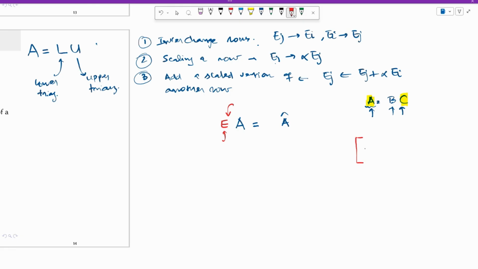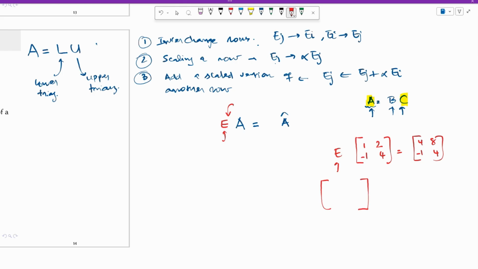Let's take this example: 1, 2, minus 1, 4. I want to find a matrix E such that what I get here is 4, 8, minus 1, 4. Now tell me what will be this matrix E. What will be the shape of the E matrix? 2 cross 2. That we know.